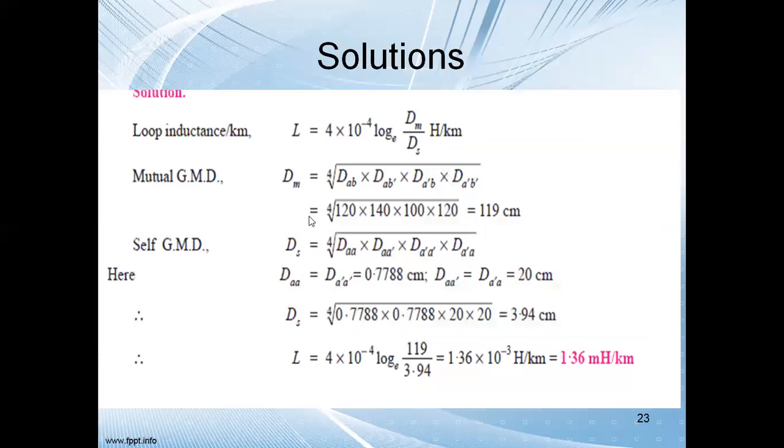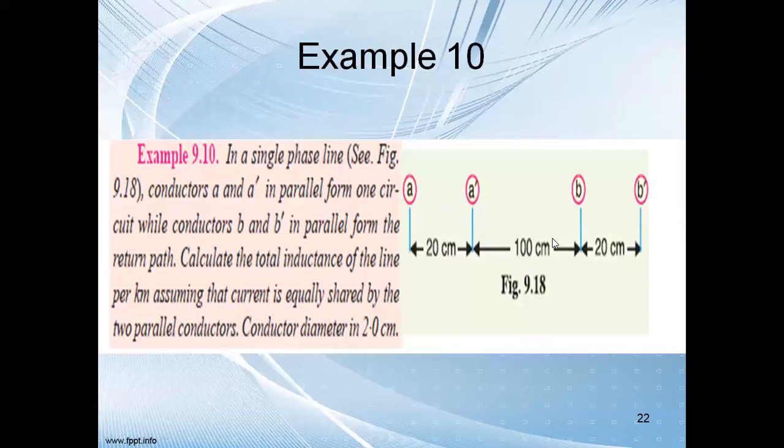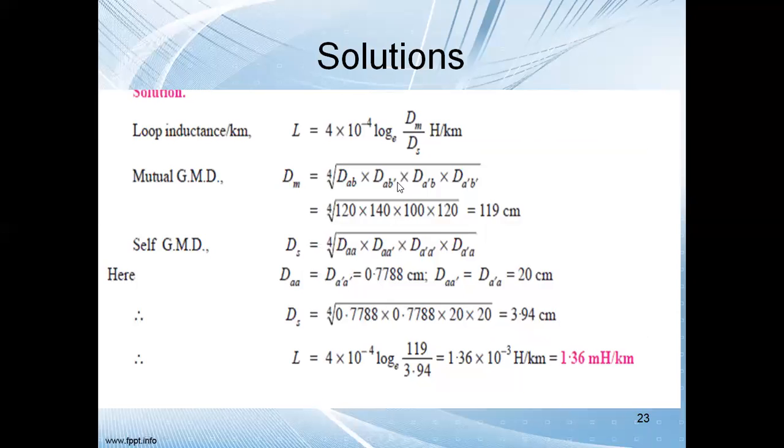Now we'll have to apply the same mutual GMD and the self GMD. Mutual will be, because here we have two different circuits, A circuit and B circuit, DAB into DAB dash into DA dash B into DA dash B dash, for 2 terms. All values are given. DAB is 100 plus 20, 120.